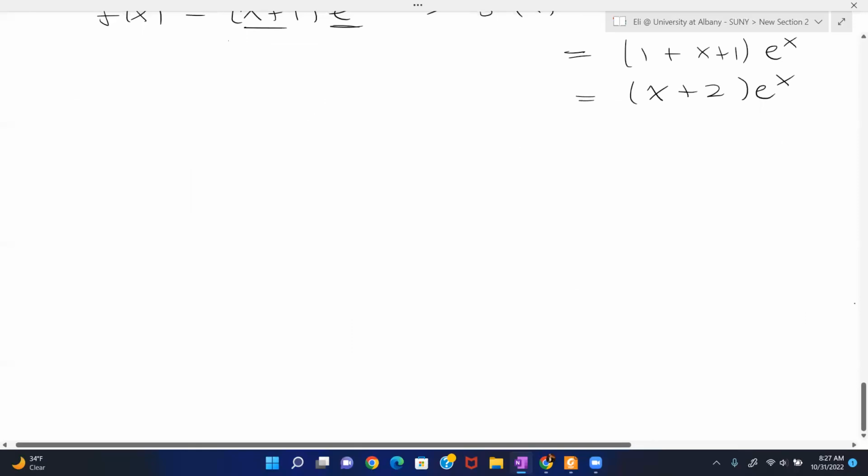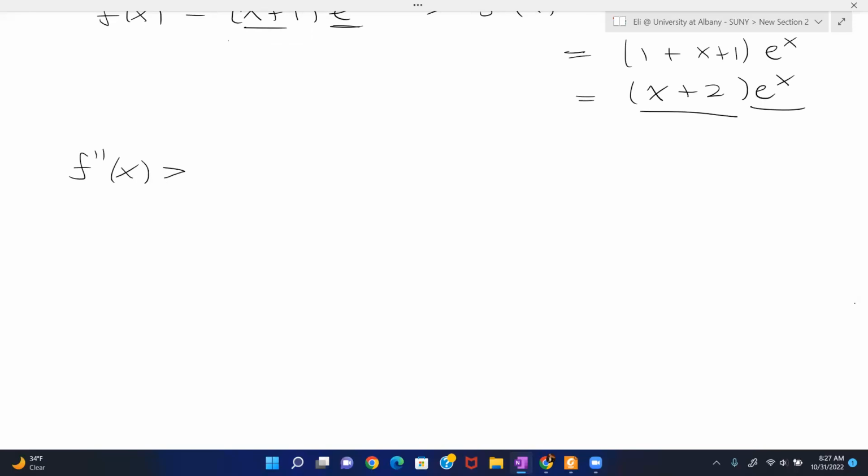And then again, this e^x factor doesn't determine the sign of the derivative, so it's completely determined by this first factor right here. I think it's pretty clear that the second derivative is positive if and only if x + 2 is positive, which is to say that x is greater than -2.